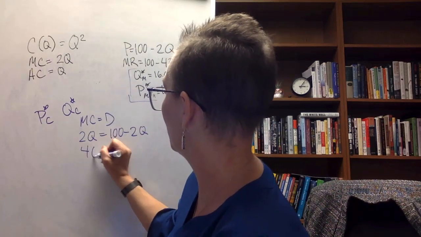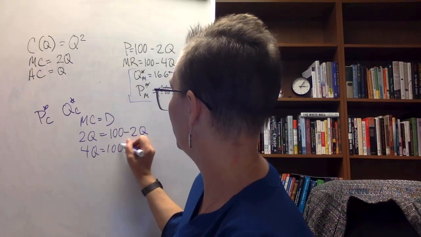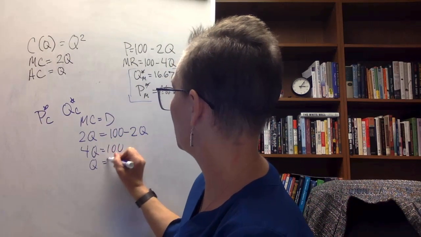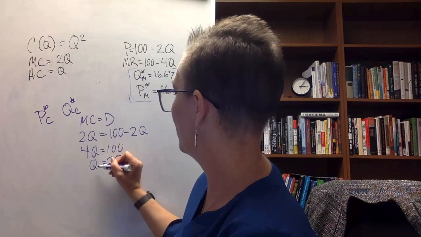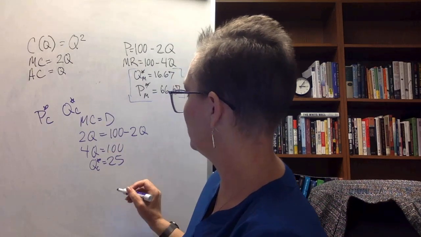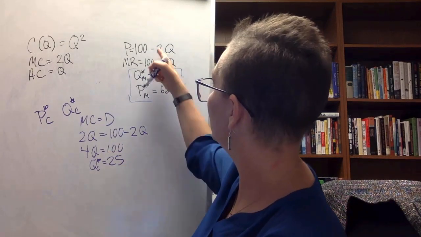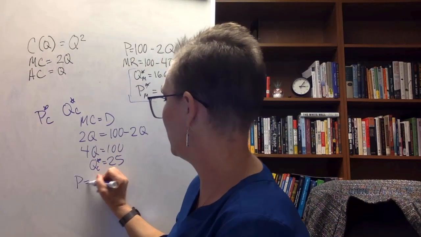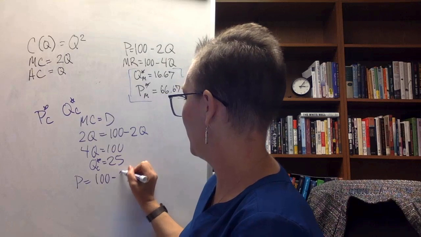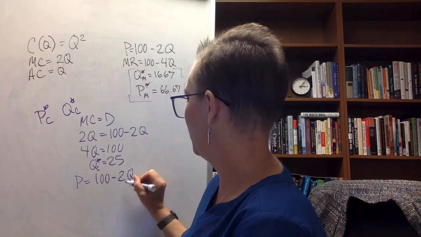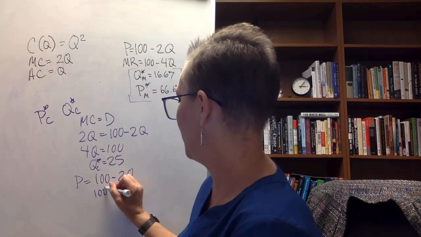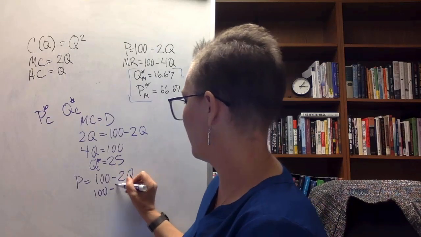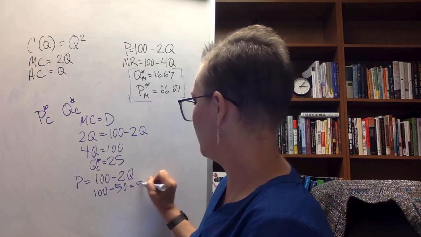We're going to get 4Q equals 100. We're going to get Q equals 25. So that's our competitive quantity. And then we insert that into this to get our price. So price equals 100 minus 2Q, which is 100 minus 2 times 25, which is 50.